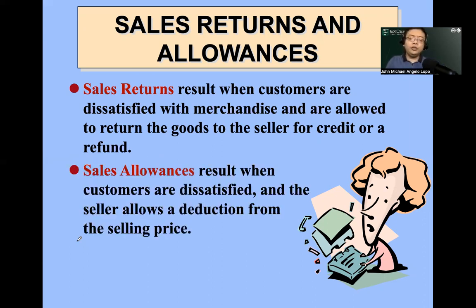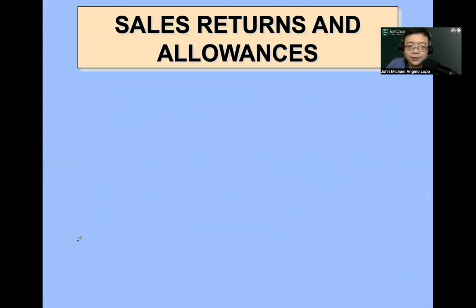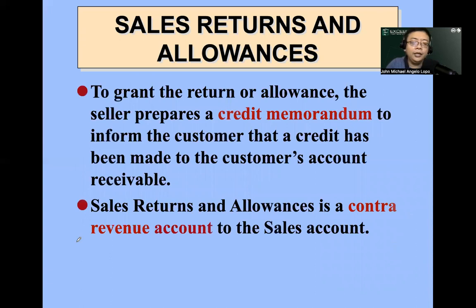Sales allowances result when customers are dissatisfied and the seller allows a deduction from the selling price. So this is a deduction: sales minus returns and allowances gives us net sales.